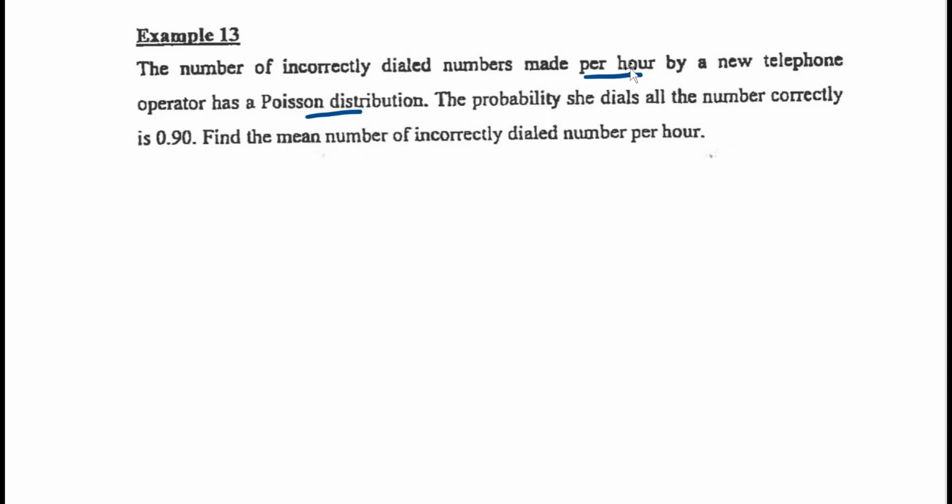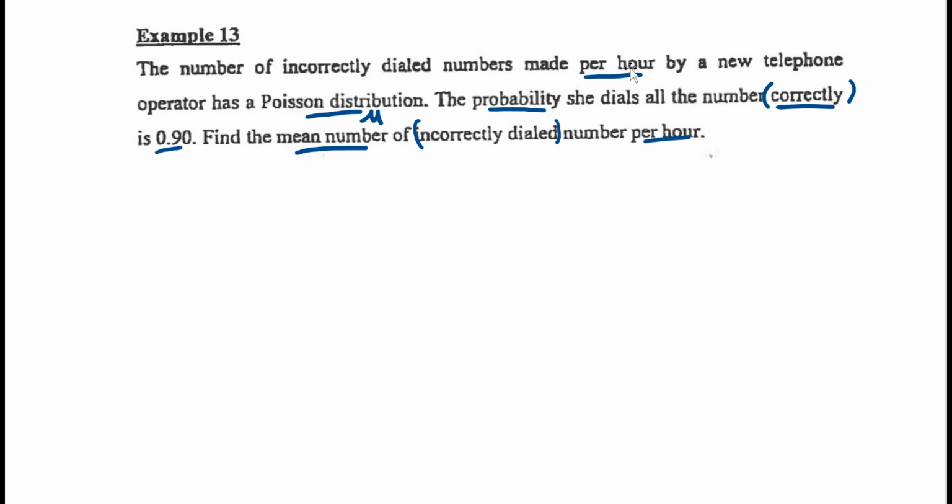It is given that the probability that she dials all the numbers correctly is 0.90. So the question asks to find the mean number, that means find the mu of incorrectly dialed numbers per hour.